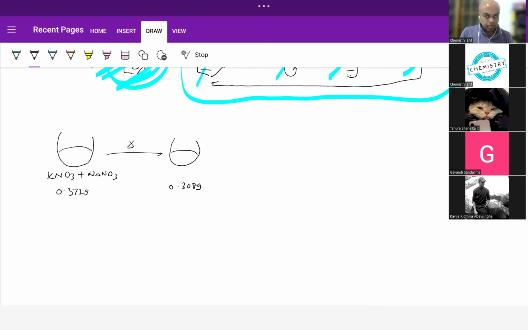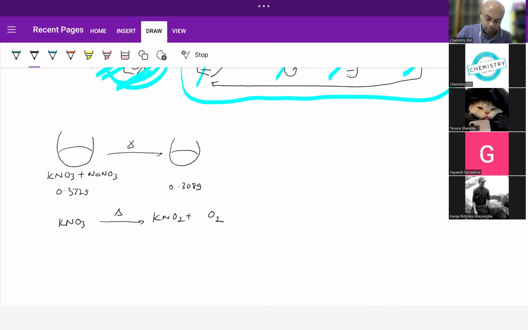The heating reactions are coming from the inorganic part, actually the S block, right? So KNO3 is heated to KNO2 plus O2, nitrite and oxygen. You know those things.